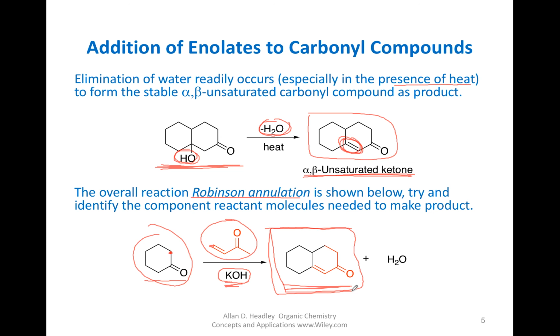As you can see from that product, which has two 6-membered rings that are joined, they form the basis for a lot of organic compounds in chemistry, particularly in the pharmaceutical industry. So this presents a very effective method of making compounds looking like this.